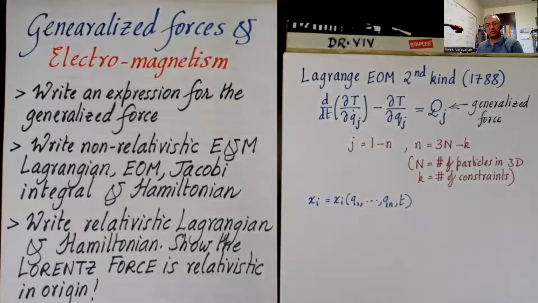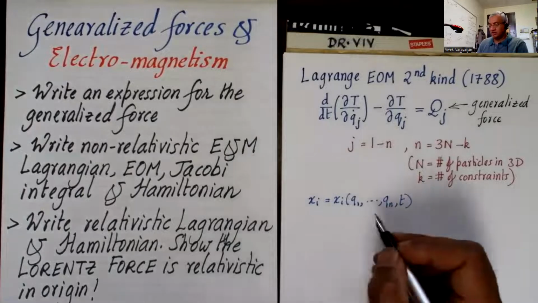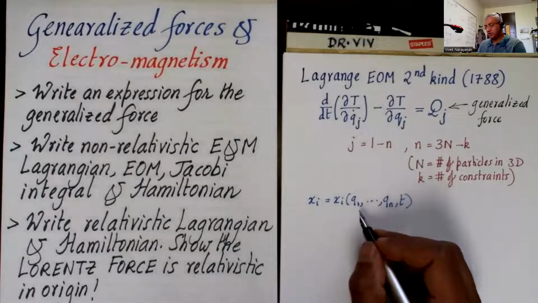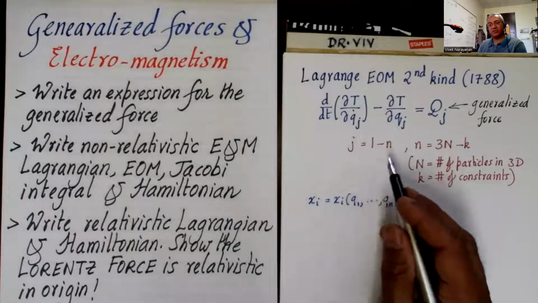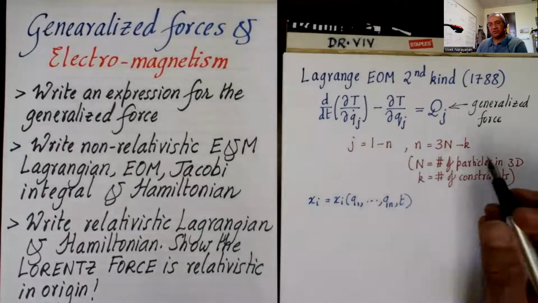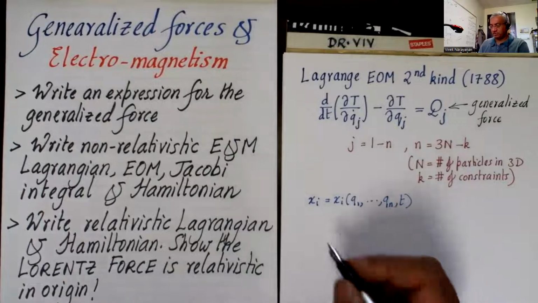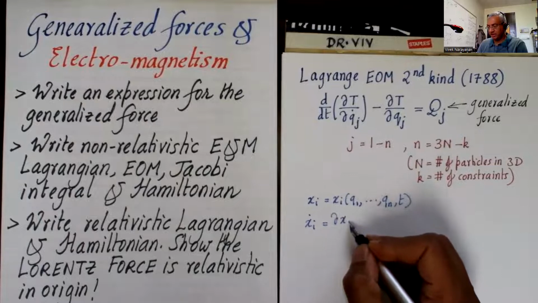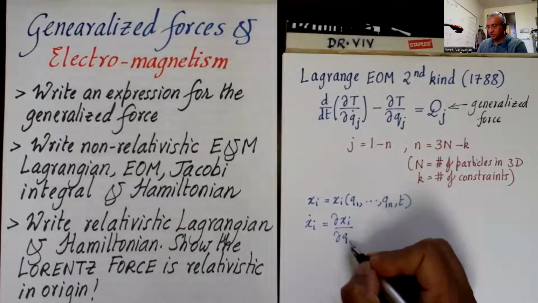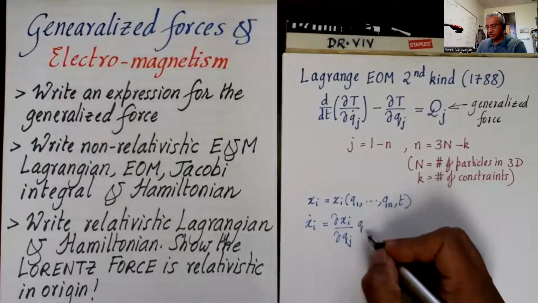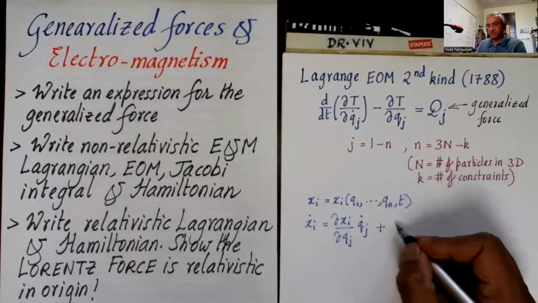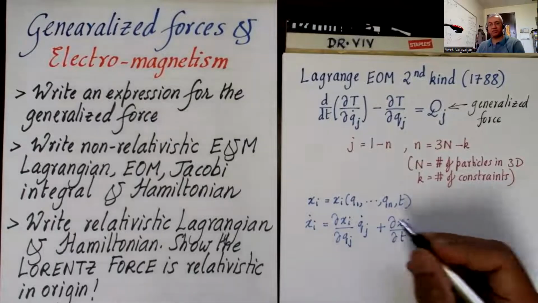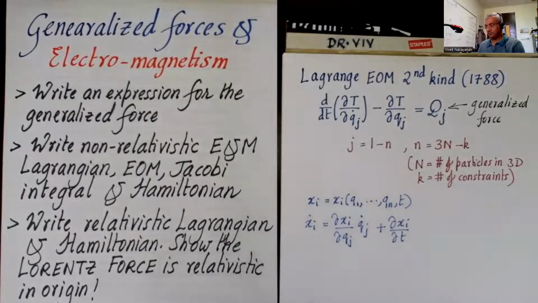So there are as many coordinates as I need here. So I go from 1 to n. xi dot will then be del xi by del qj qj dot plus del xi by del t. That's merely by the rules of partial derivatives.